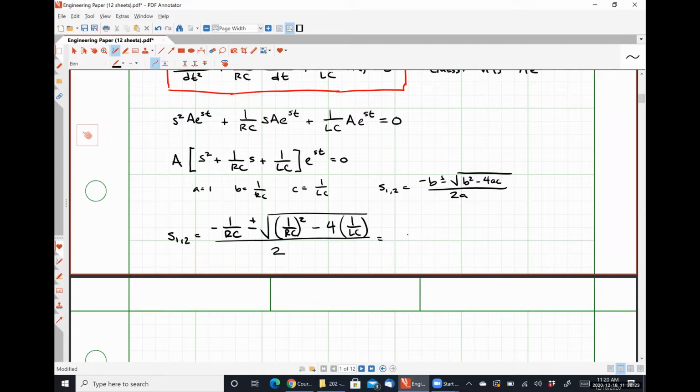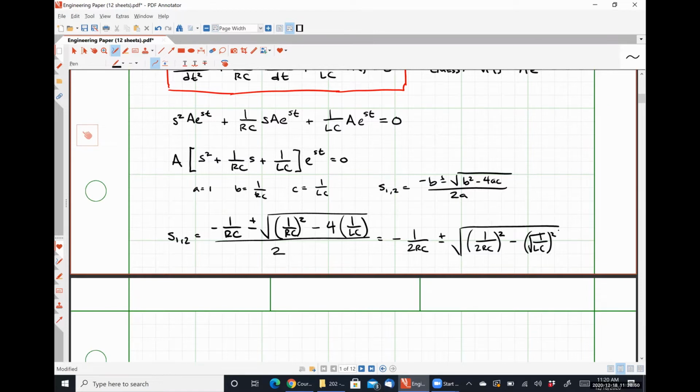or negative 1 over twice RC plus or minus the square root of (1 over twice RC) squared minus 1 over the square root of LC, squared.